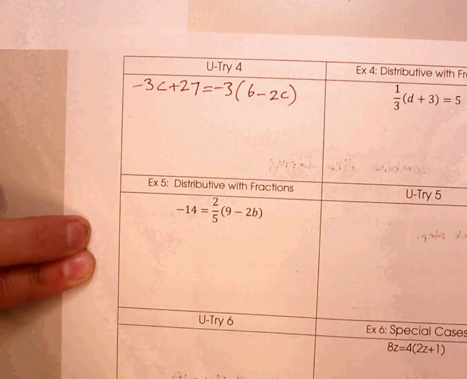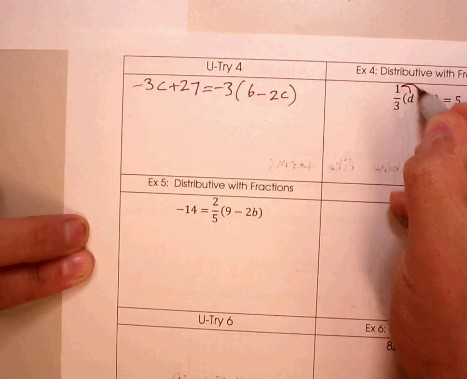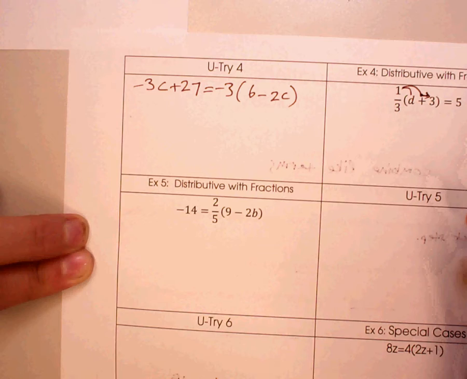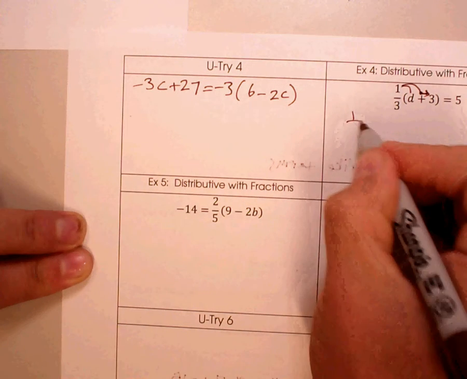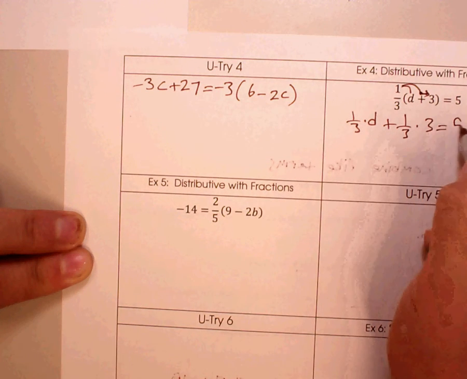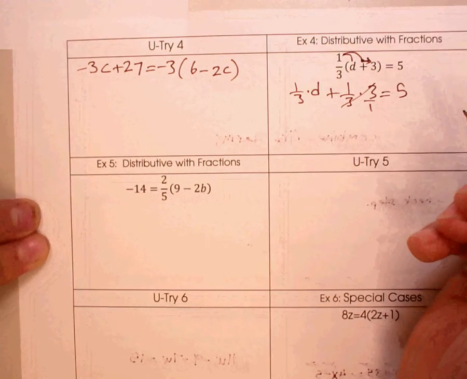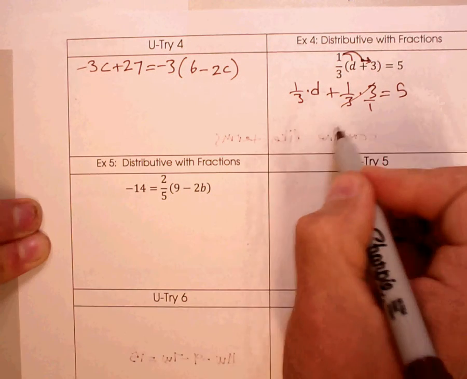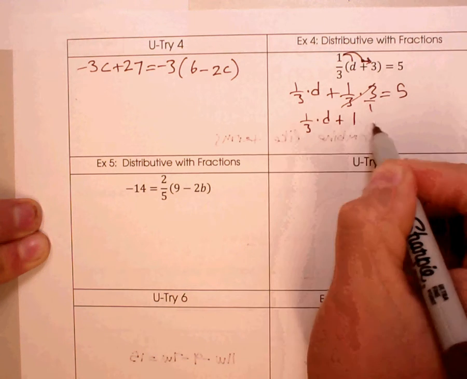Our next example is a distributive property with fractions. I can distribute the fractions to both of the expressions that are inside of the parenthesis. We will have 1/3 times d plus 1/3 times 3 is equal to 5. These will simplify because this is 3 over 1. And 1/3 times d plus 1 is equal to 5.